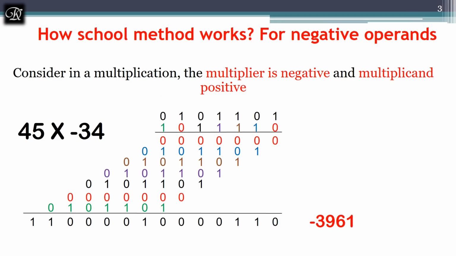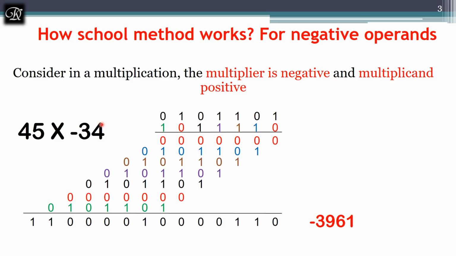See first how we are going to calculate using the normal school day method, that is 45 and negative 34, where 45 is the multiplicand and 34 is the multiplier. And in the previous video I already told you, whenever we are going to get negative values, either for addition, subtraction or multiplication, what you have to do is find the negative version of this in binary.